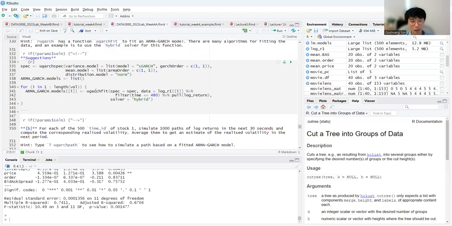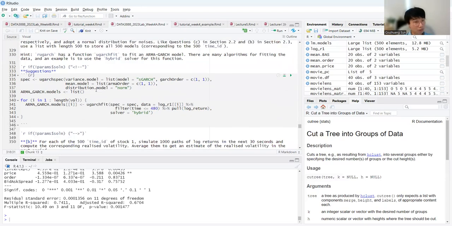Okay, so let's look at how this works in R. Remember, we have loaded a package called rugarch, and to use this package, I first need to tell R what our model is.